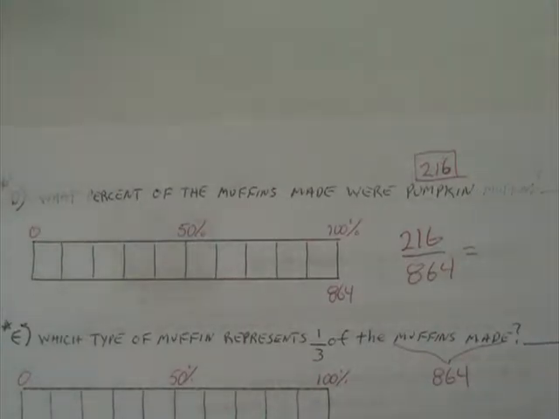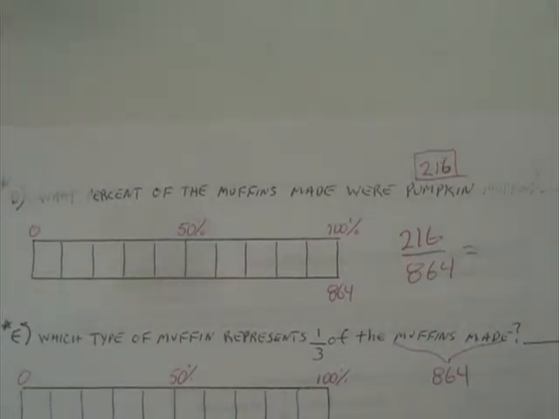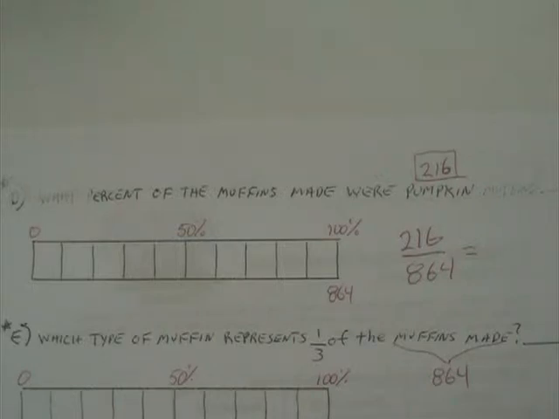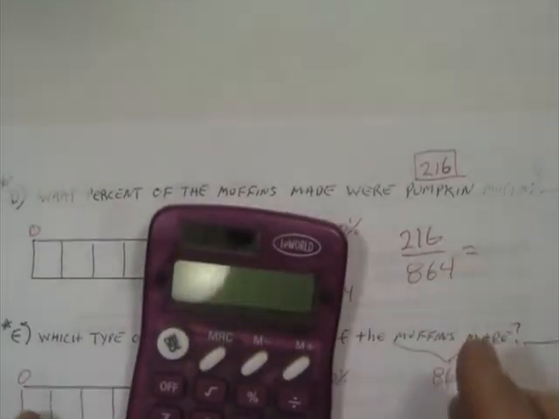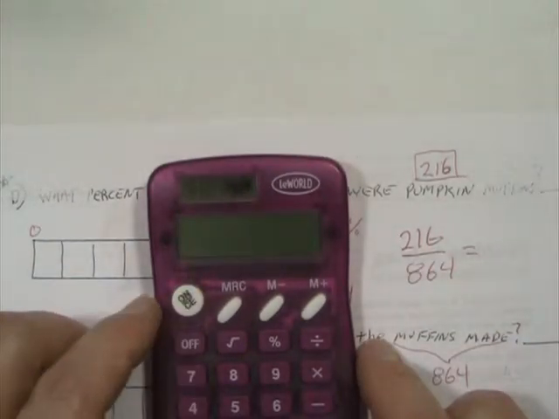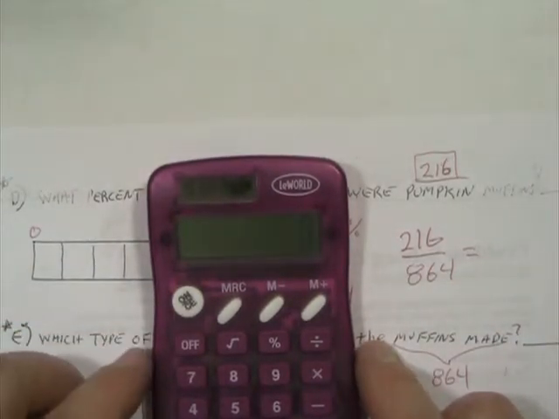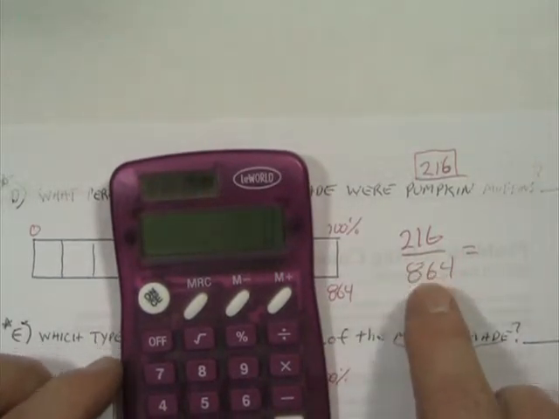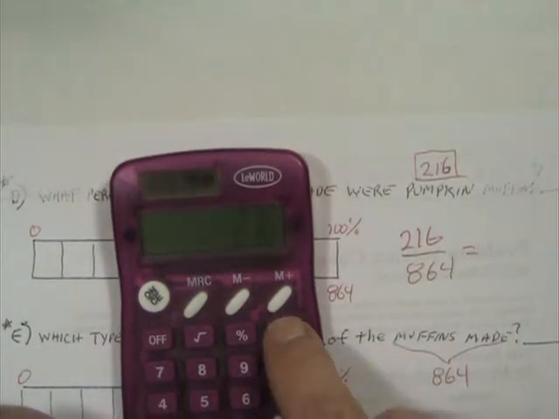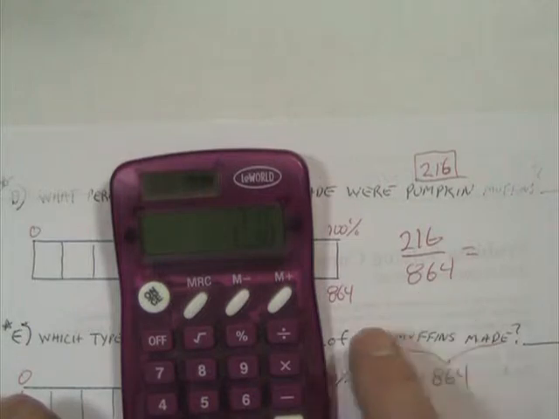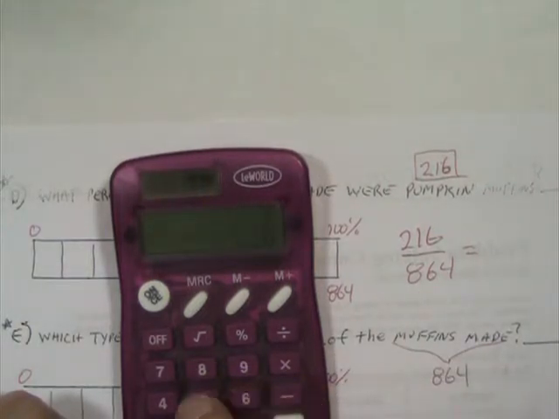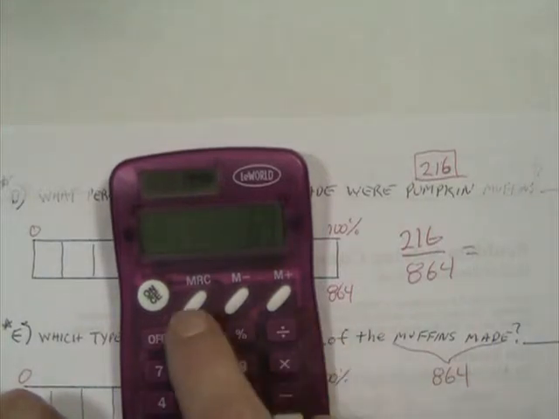And if I can find my calculator, okay, let me get the real good one here. Okay, so it's 216 divided by 864. Okay, something went wrong here, didn't it? Let me clear this again.